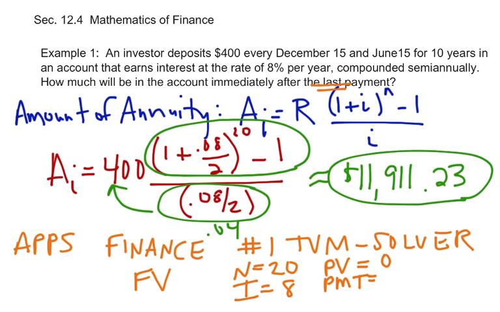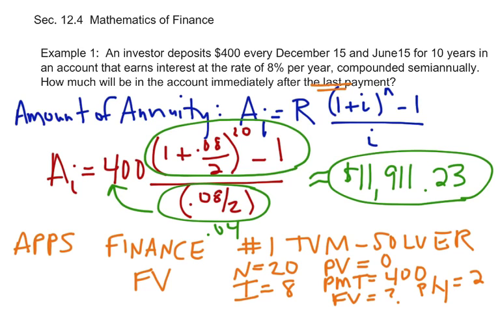In this case, I know what the payment is. It's $400. FV is what we're going to solve for in a minute. And then PY is payments per year. This particular account, you're going to make 2 payments per year. When you change PY, it will also change CY. We won't worry about that.